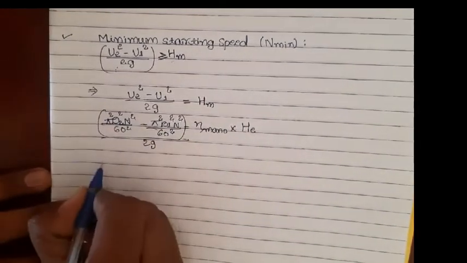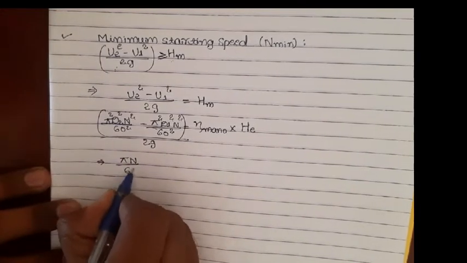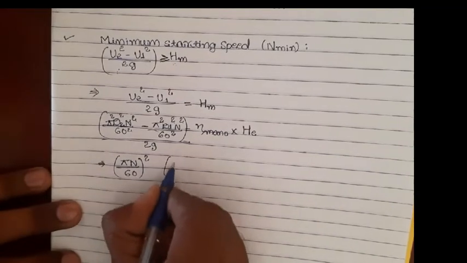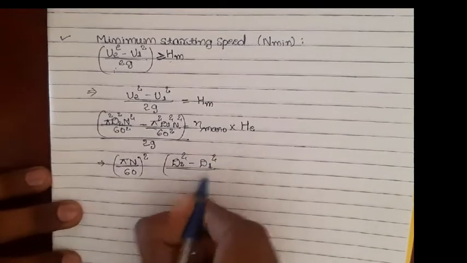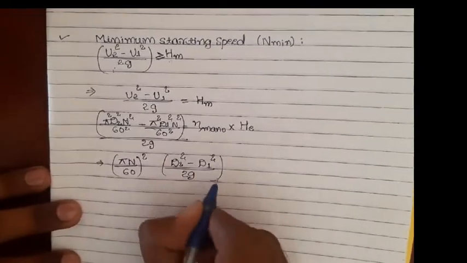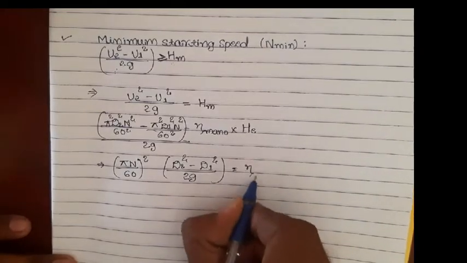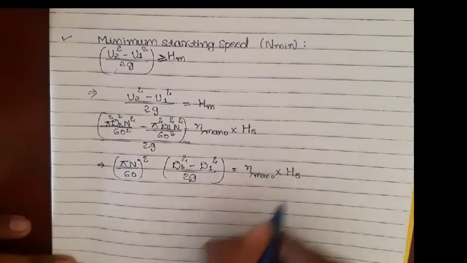So what do I do now? I will take (pi n by 60) square as common and then I shall say what remains? (d2 square minus d1 square) whole divided by 2g is what is remaining. So which is equal to manometric efficiency into the Euler's head.